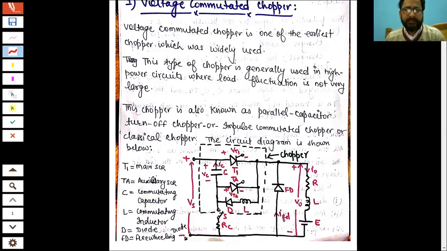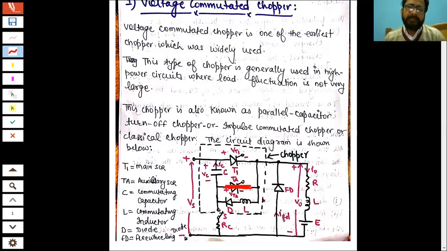let us say this SCR TA is conducting. So when TA conducts, it will behave as a short path, okay? Because while discussing power electronic circuitries, we generally assume that all the electronic devices, that means diodes or thyristors or any other semiconductor device, are ideal elements.